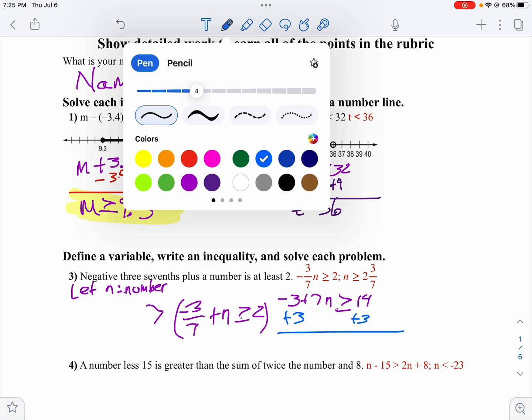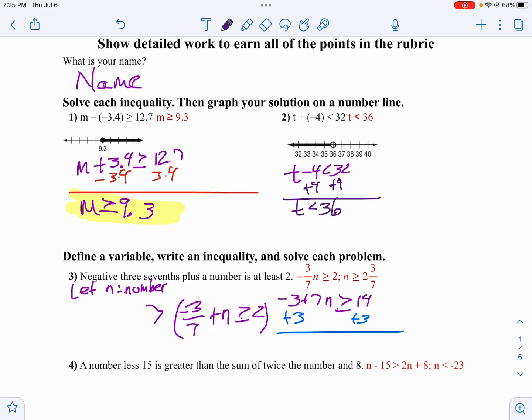So then we'll get 7n is greater than or equal to 17. Divide both sides by 7. n is greater than or equal to 17 over 7. I typed in negative 2 3/7, but I think I would just leave it as 17 over 7.